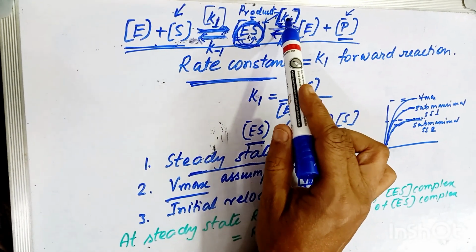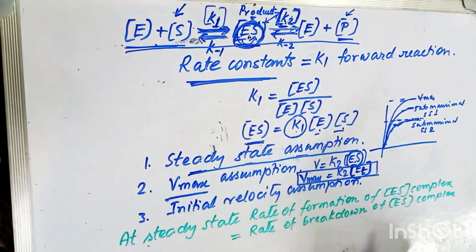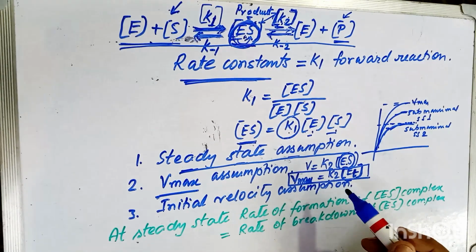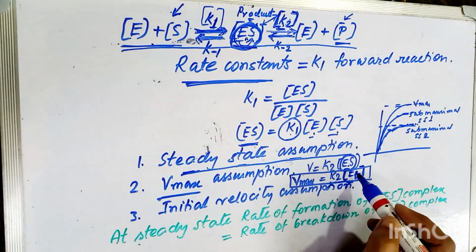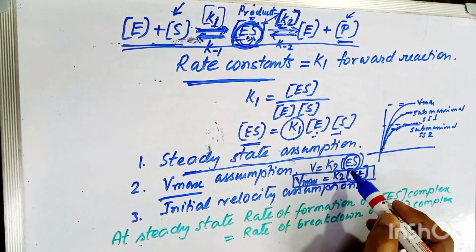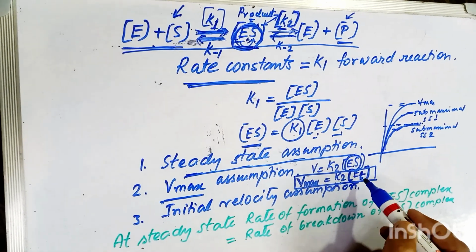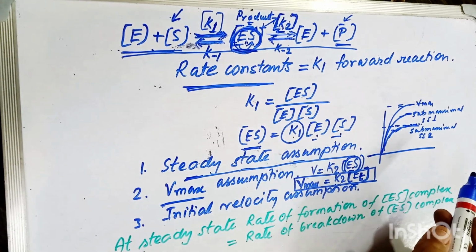But the Vmax assumption is that Vmax is equal to K2 into ET. That means instead of ES, we write ET, the total enzyme present in the reaction or in the cell, which is now acting on the substrate and producing the product.